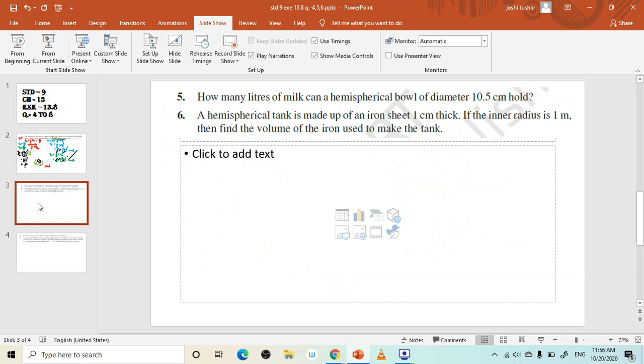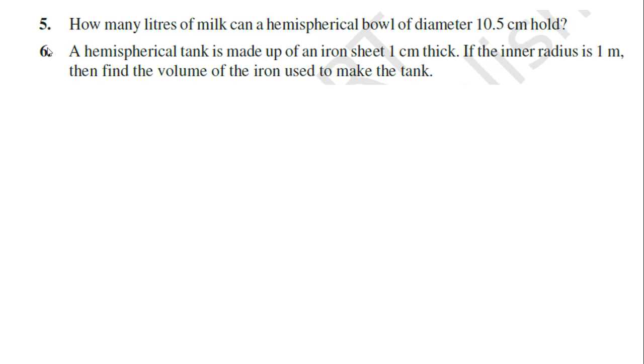See, the fifth question, as we have discussed, you have to solve, and the sixth one is this: a hemispherical tank is given. The hemispherical tank is made of an iron sheet, 1 centimeter thick. If the inner radius is 1 meter, then find the volume of the iron used to make the tank.